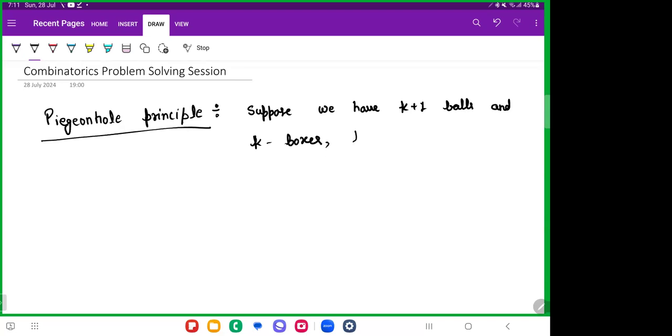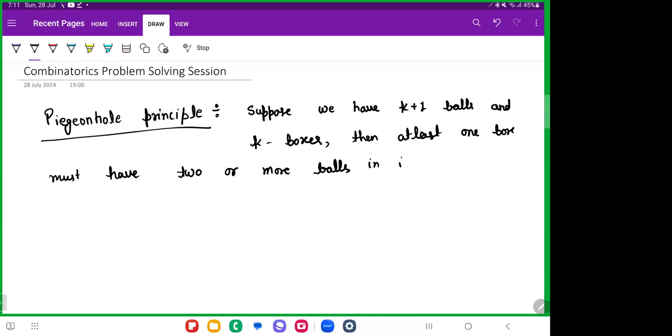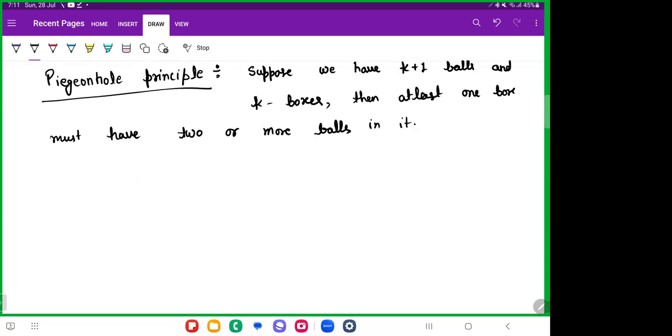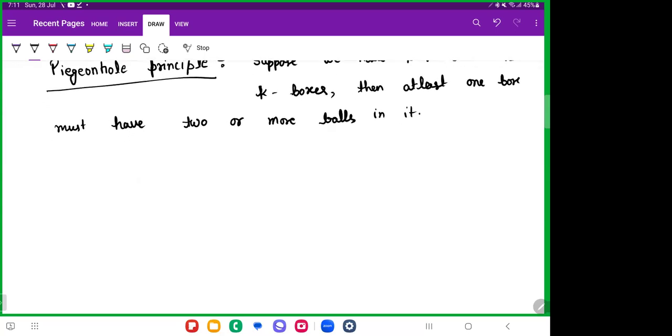Then at least one box must have two or more balls in it. This seems intuitively clear, right? We have k boxes and k plus 1 balls, so one of the boxes is going to contain more than one ball. That is fine.